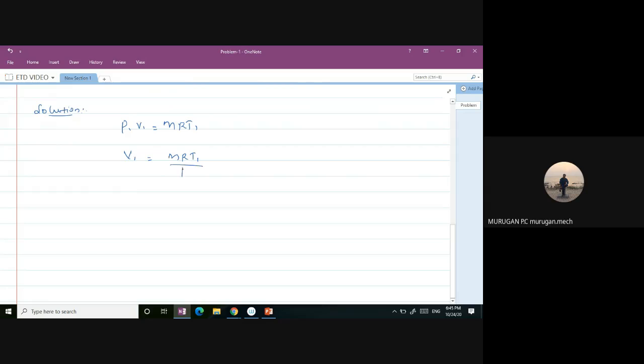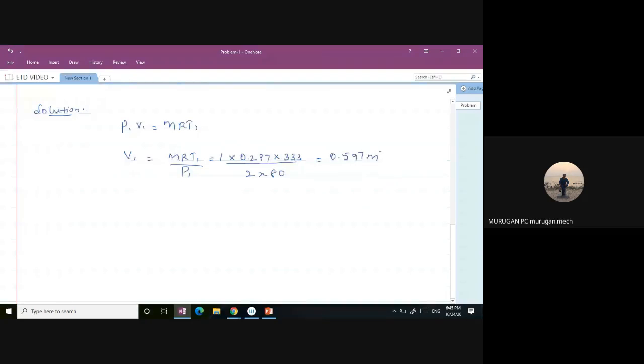That is 0.5 into 0.287 into 333 divided by 80. Here the mass 0.5 is given, and the final volume answer is 0.597 meter cube.